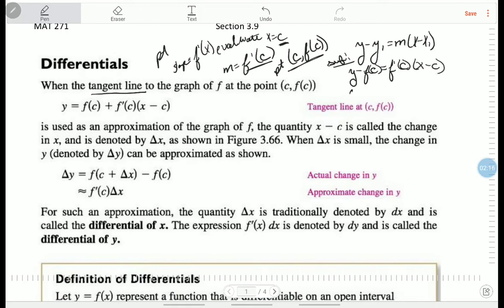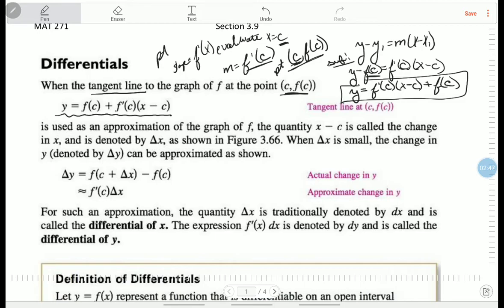Then if we were to put this in slope-intercept form, solving it for y, we would have the slope, f prime of c, times the group x minus c, plus f of c, which would be our y value associated with that c value. So that's where they're getting this equation from. What would be the tangent line for this function f of x at some generic point c, f of c?